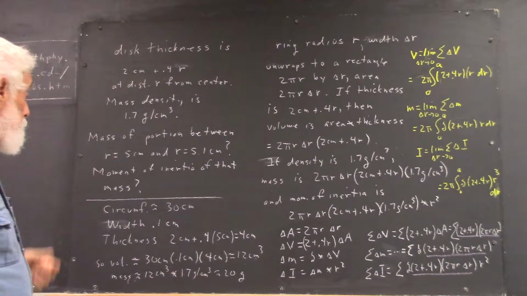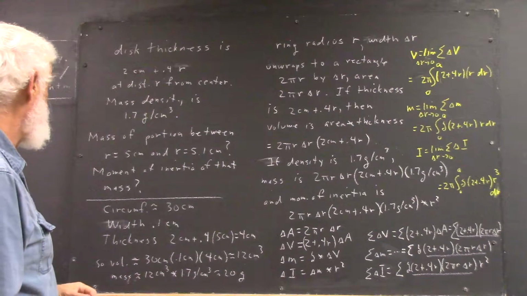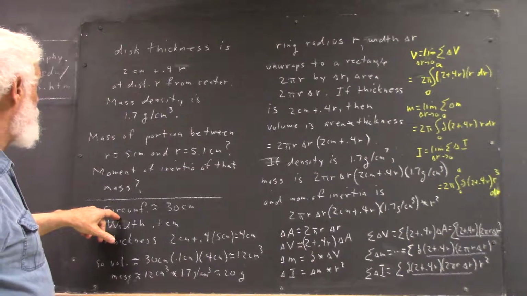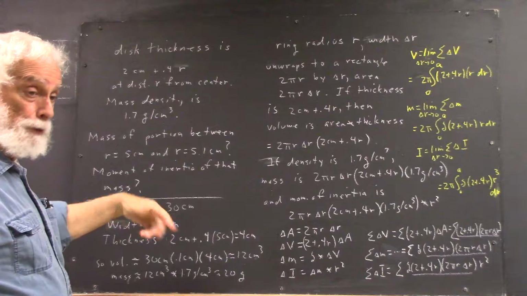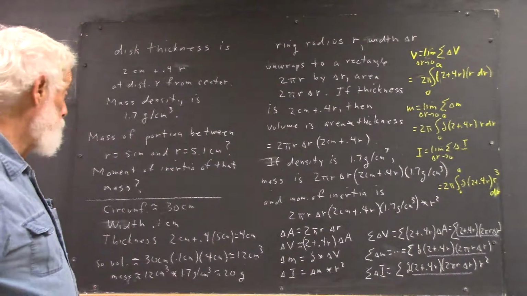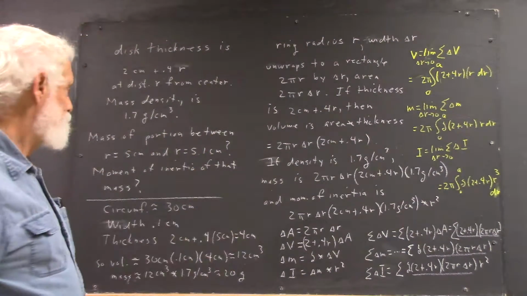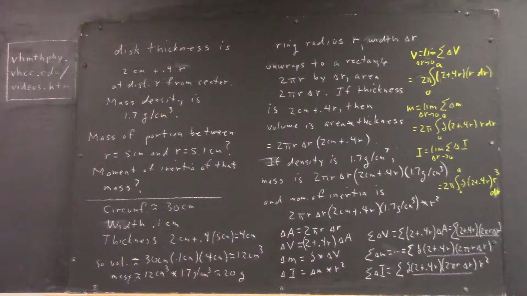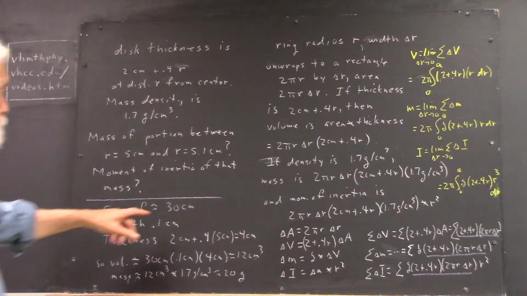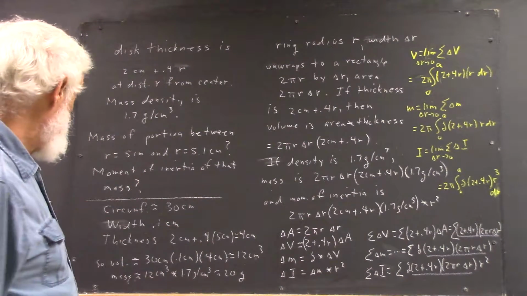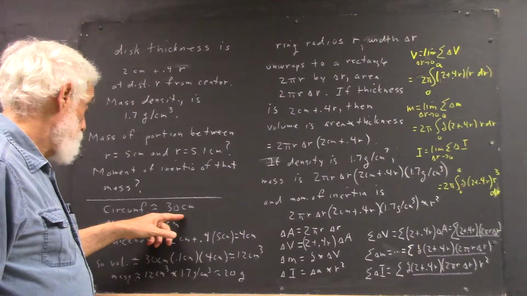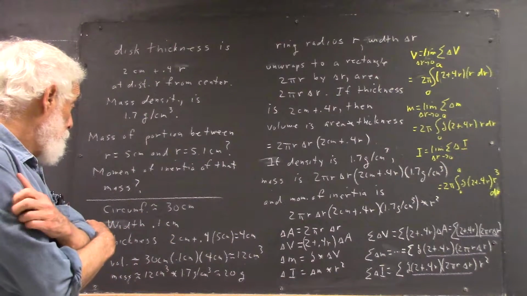Well, what I'm saying now is the circumference of this ring is about 30 centimeters. 2 pi times the radius being 5 centimeters comes out close to 30 centimeters, a little more than 30 centimeters. That's completely straightforward to calculate.